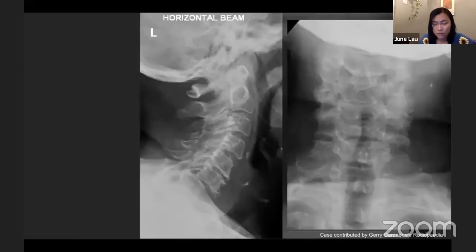Now, this one, I would just give you a hint and say, pay attention to the lateral and pay attention to the anterior, posterior lines and the facet joints, and then tell me what you think.